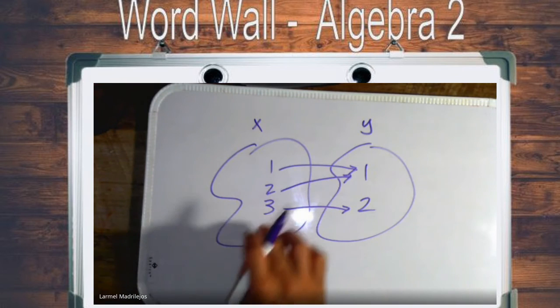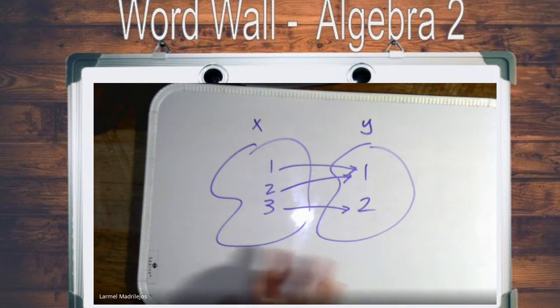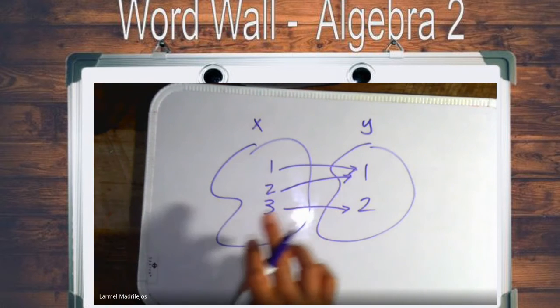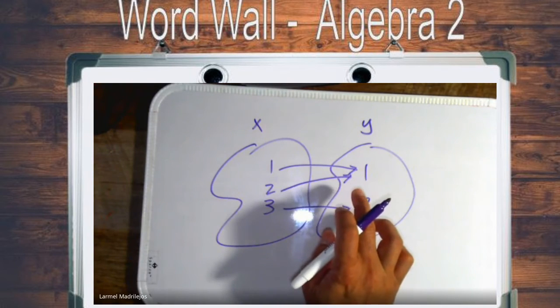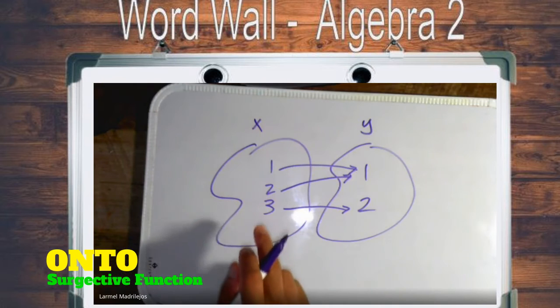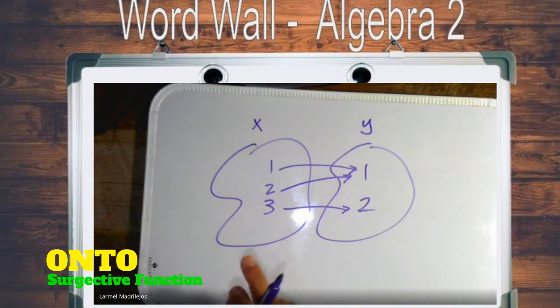So the value of x and the value of y. This is a relation and a function. It is a function because each number of x has a value of y on the right side, on the output side. Another way, we call this onto. Okay. The word onto or surjective.